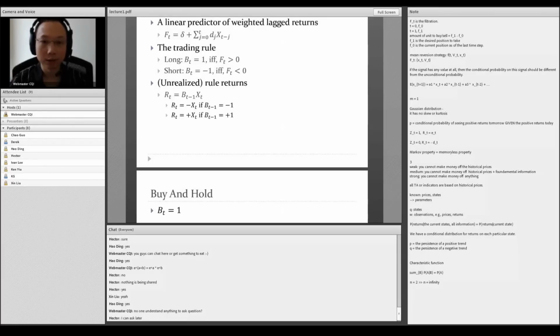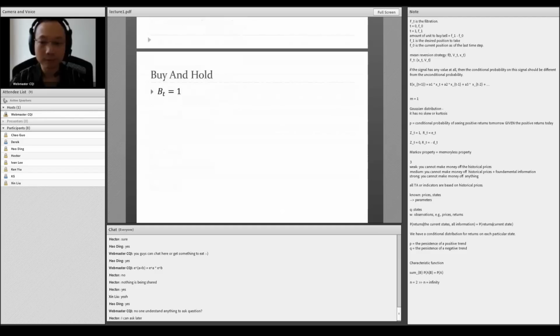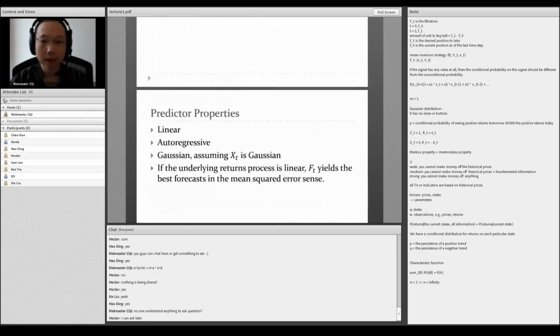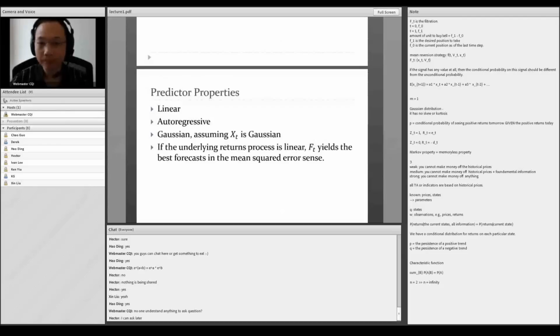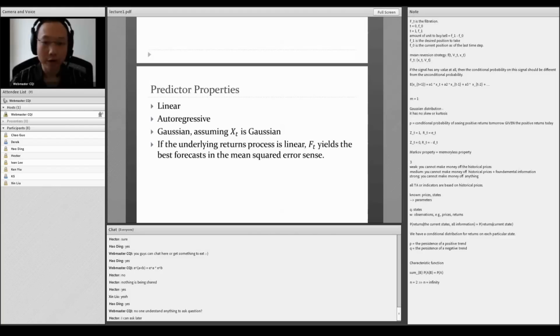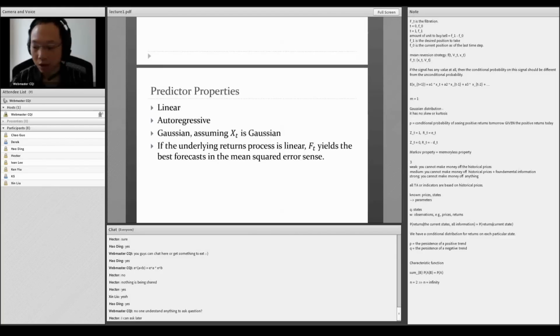Some properties of this technical indicator: it's linear, obviously, because it's just a summation. It is autoregressive, meaning that it's a summation of lagged values, lagged returns in this case. Now, the indicator is Gaussian if we assume that the returns are Gaussian, meaning that if we assume all the X_t's are normally distributed, then the indicator itself is normally distributed.